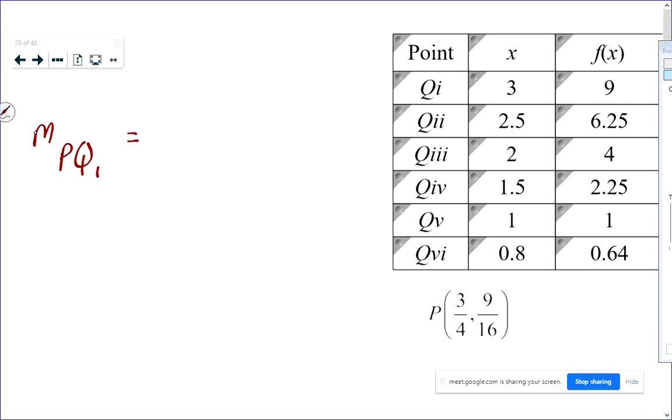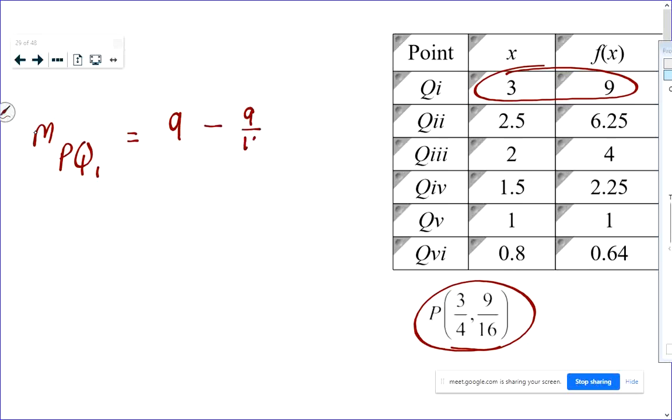Well, we know that P has coordinates of this, and we know that Q1 has coordinates of this, so the slope would be 9 minus 9/16 over 3 minus 3/4. Now, before we calculate it, we can, well, no, let's calculate. We've come this far. Let's calculate this thing.